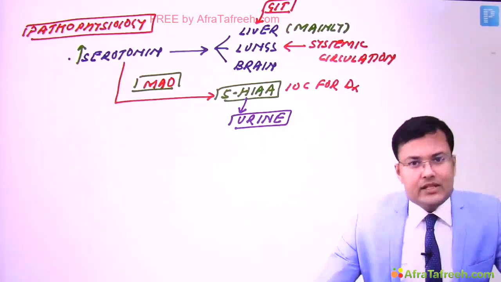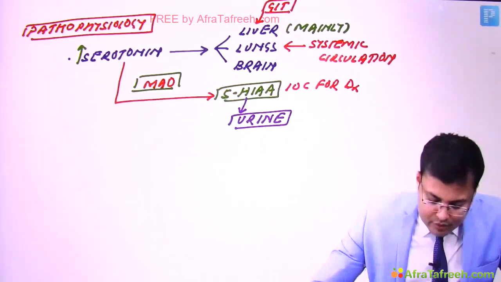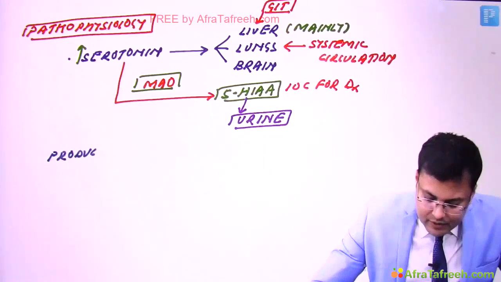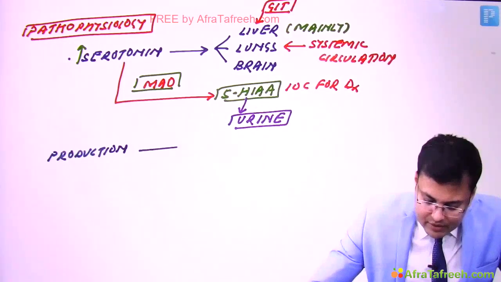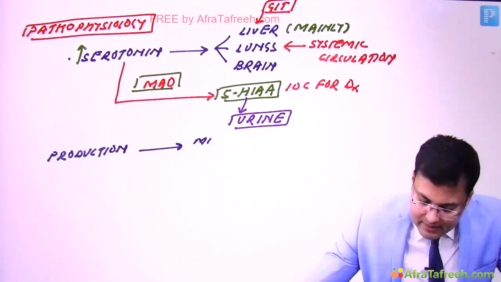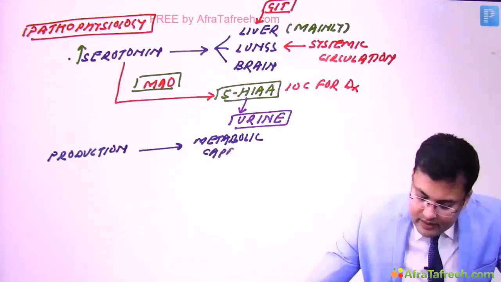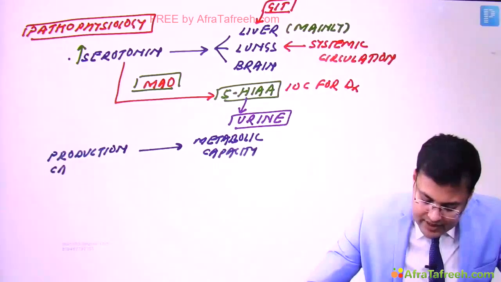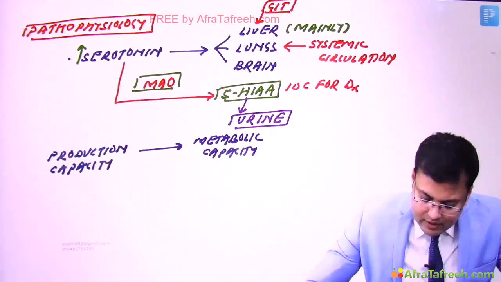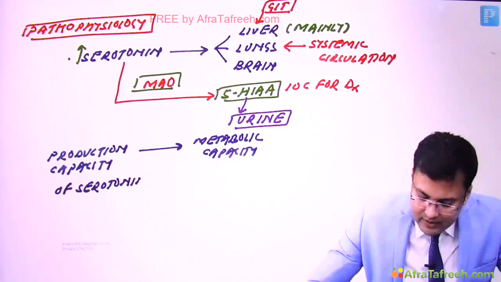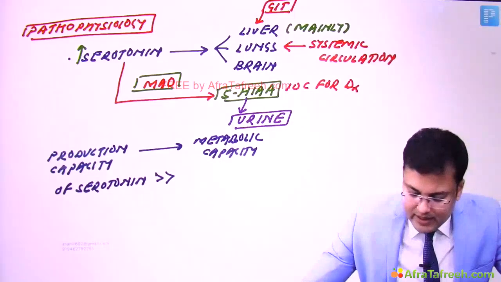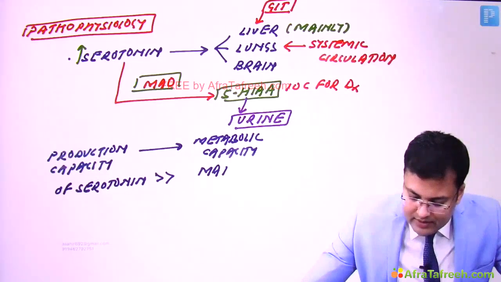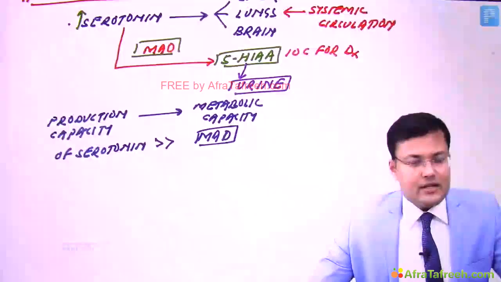So in which patients will you see carcinoid syndrome? When the production capacity of serotonin exceeds the metabolic capacity of monoamine oxidase, then we have patients of carcinoid syndrome.